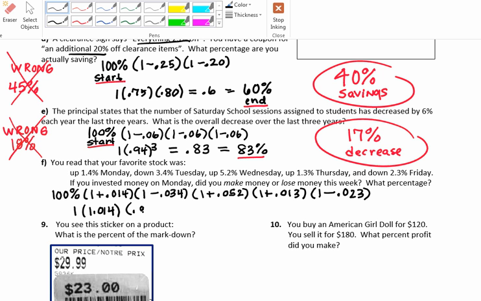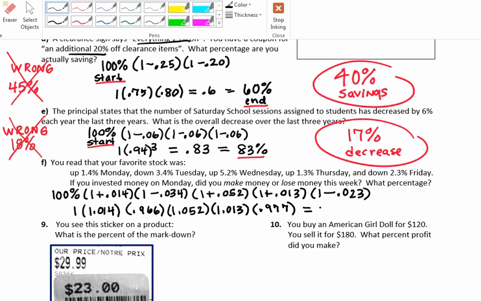So I end up with 0.966 for this one, and 1.052, and 1.013, and 0.977. All right, so I'm going to type this whole thing in my calculator. 1.014 times 0.966 times 1.052 times 1.013 times 0.977.